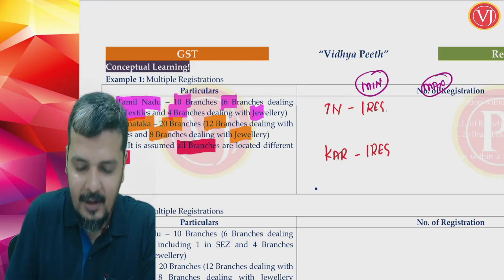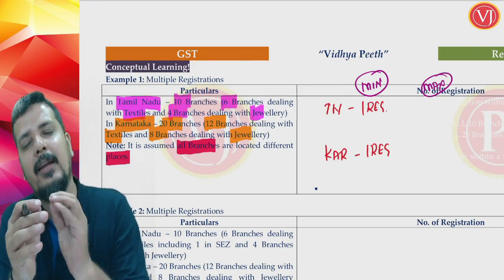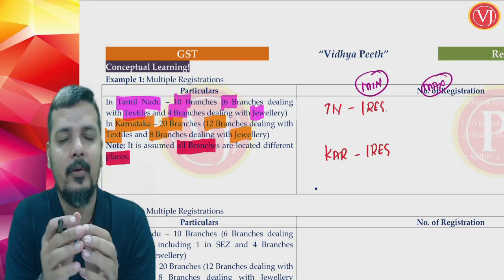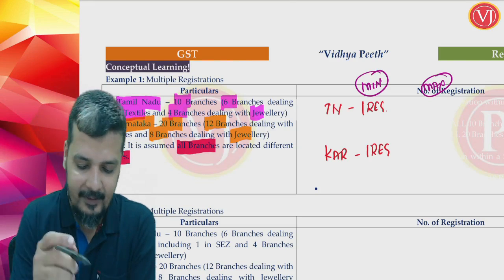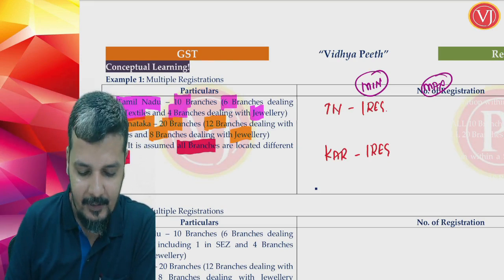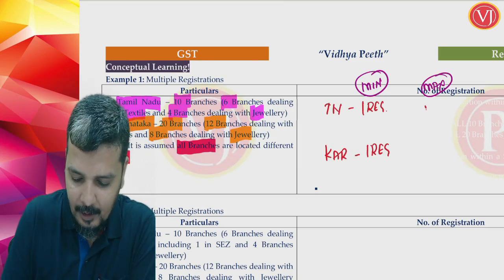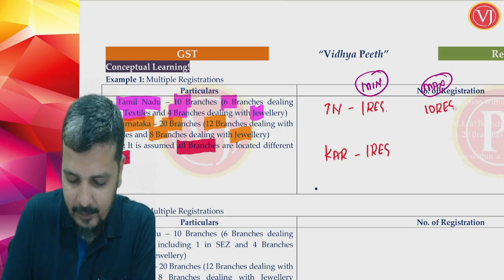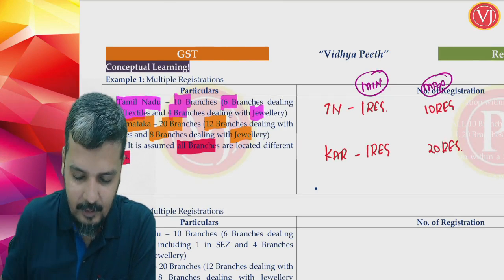Whether it is a textile unit or a jewelry unit, or some business vertical, is no more relevant. What is the maximum registration that I can take in Tamil Nadu? How many places of business do I have in Tamil Nadu? 10. So the maximum registration that I can take in Tamil Nadu is a total of 10 registrations, and in Karnataka the maximum I can take is 20 registrations.